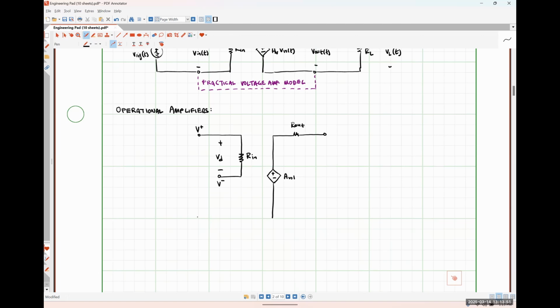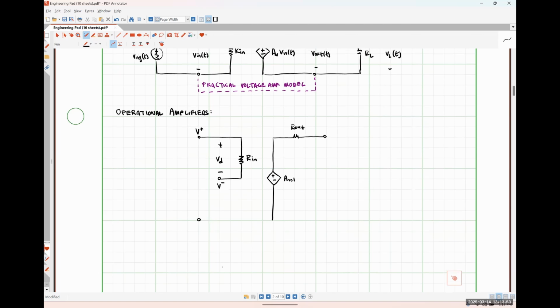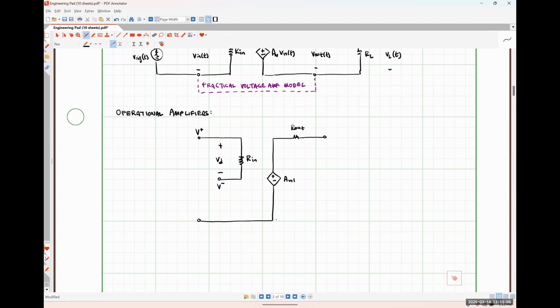And then I'm going to put a common ground bus across this whole guy, like so. And then this voltage measured between the output terminal and ground is what gives us our output voltage for our op amp. So this is our practical op amp model.